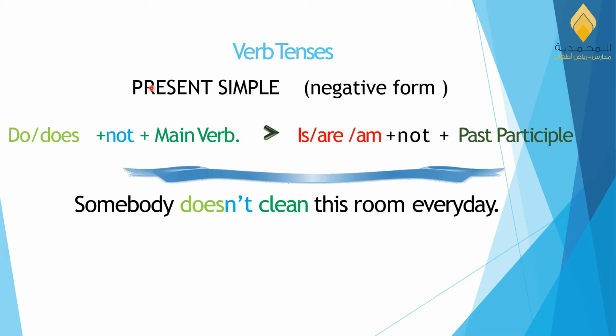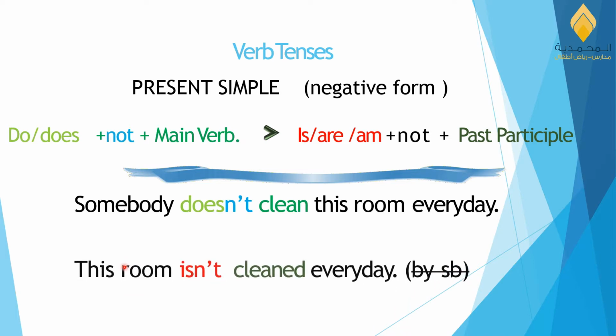We agreed that the appropriate form of the verb to be is either is, are, or am, and because we have a singular noun, which is this room, we're going to use is. So the sentence becomes, this room isn't cleaned every day. Again, cleaned is the main verb, and we pick it up and put it in the verb 3 form.